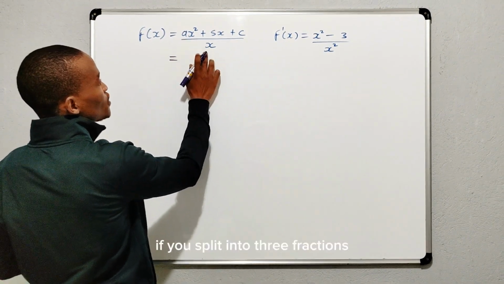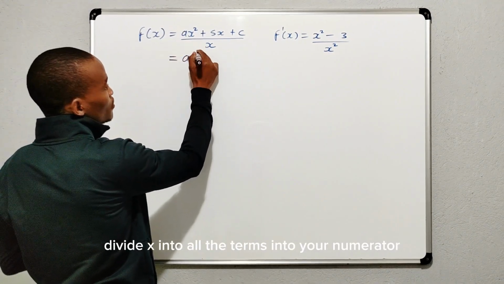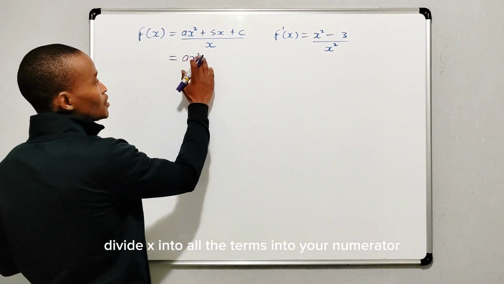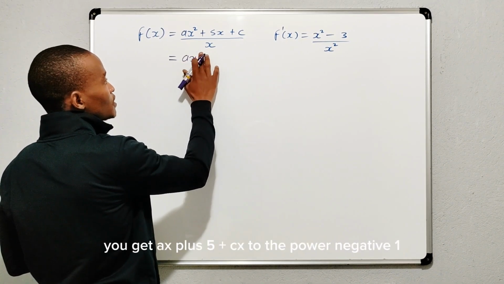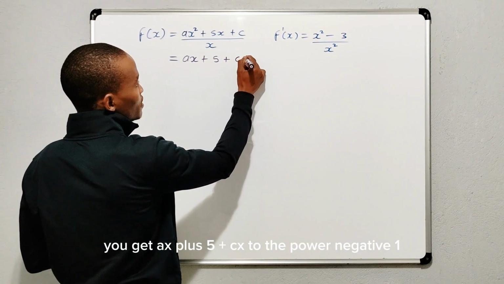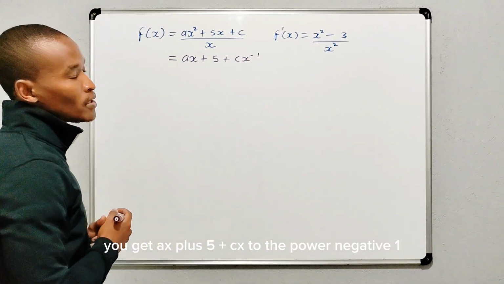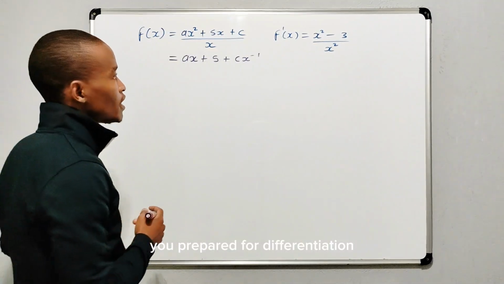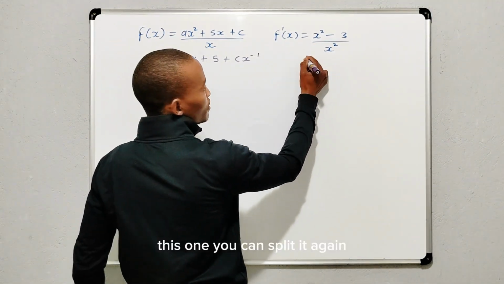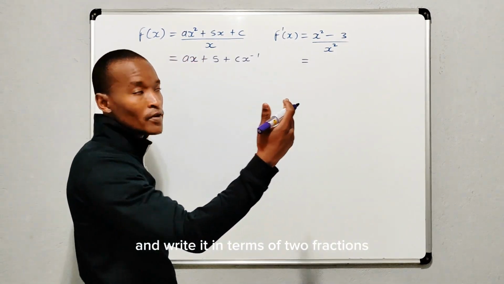If you split into 3 fractions, you divide x into all the terms in your numerator, you get ax plus 5 plus c x to the power negative 1. So you are prepared for differentiation. This one, you can split it again and write it in terms of 2 fractions.